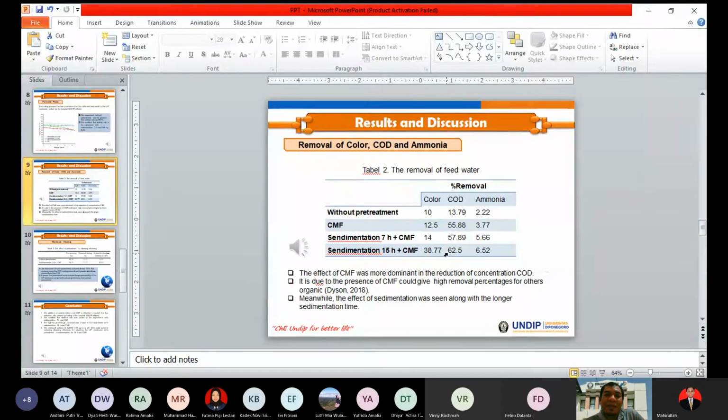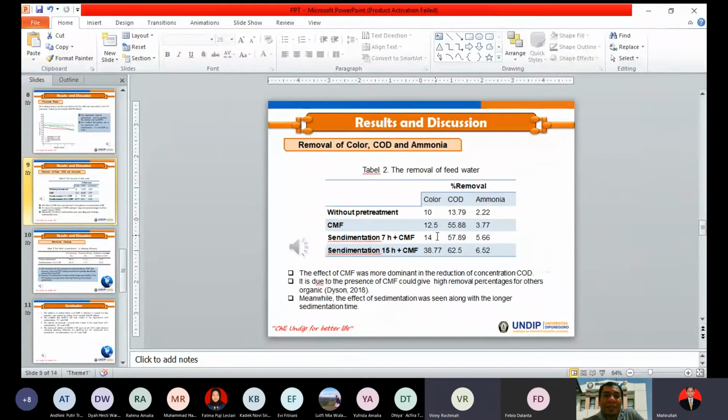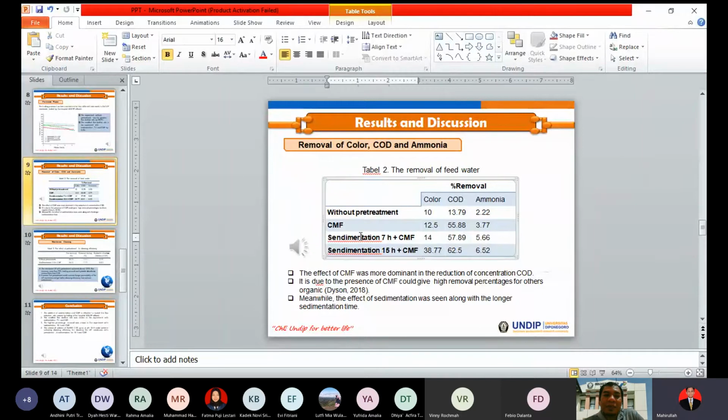So sedimentation in 7 hours is likely nothing happened. You can see the change in color only 12.5 and then change to 14. It is not really significant. But when you did the sedimentation in 15 hours, then the color removal almost doubled. We have here 40% removal, right?